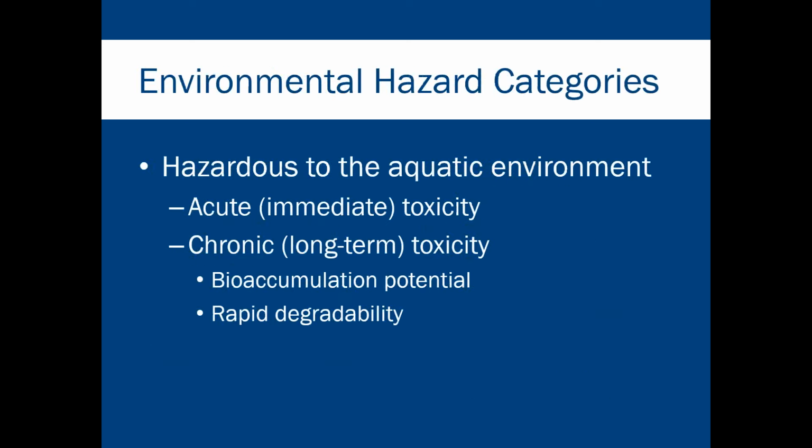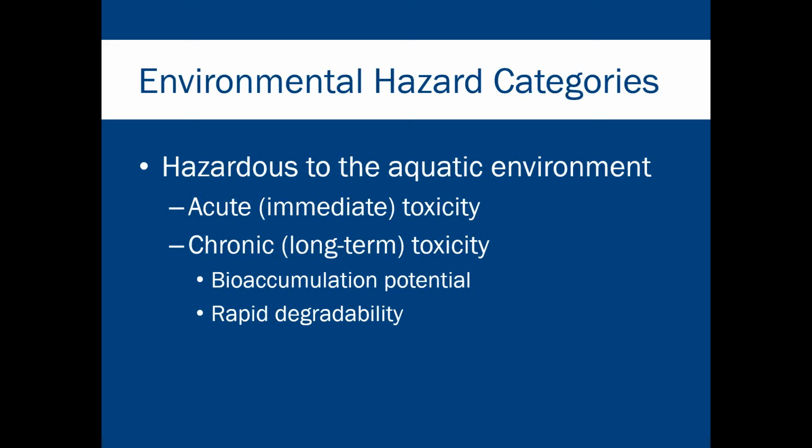The environmental hazard category, these are ones that are going to threaten the aquatic environment. These include acute or immediate toxicity, and this is going to include things such as fish kills. It also includes chronic or long-term toxic effects, and this is going to be both bioaccumulation and degradability. Bioaccumulation is the reason we have fish consumption advisories, and what happens is over time fish will accumulate certain contaminants in their bodies and they have no way to get rid of them.